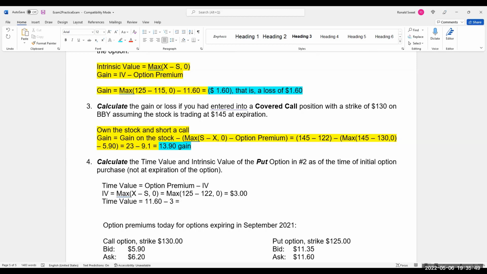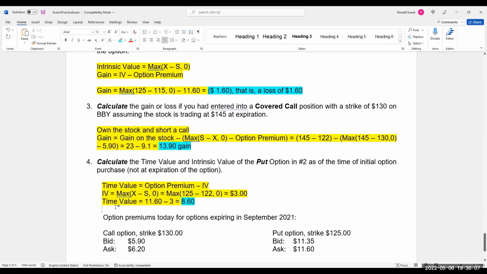And that should equal 8.60. You might get that. That one's a pretty heavily missed one as well. Can you confirm those? Well, it's in my spreadsheet, so hopefully my spreadsheet's correct.